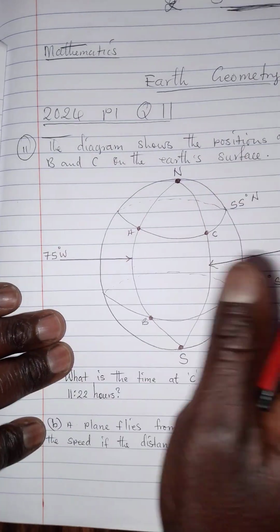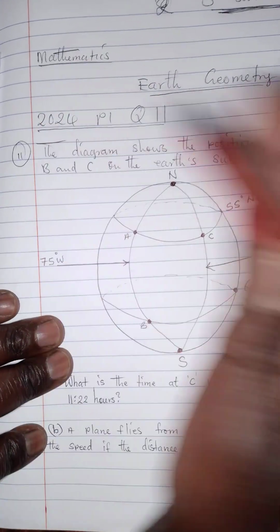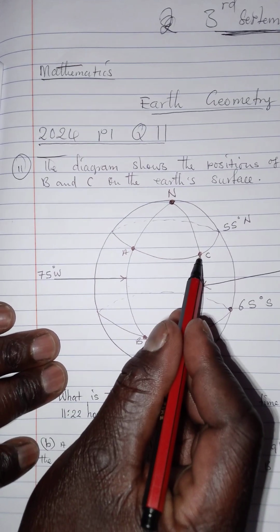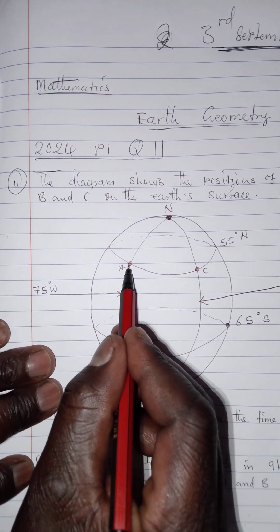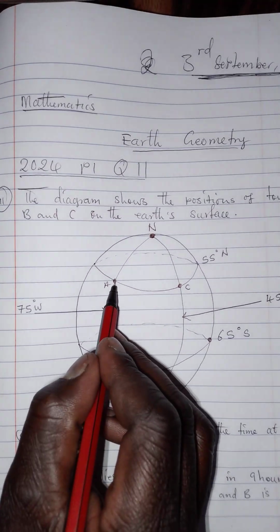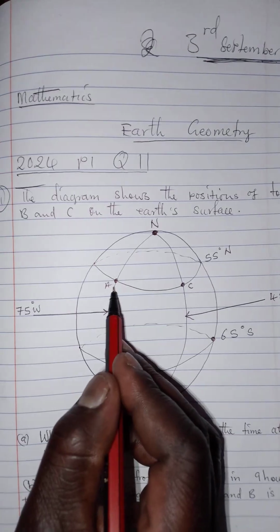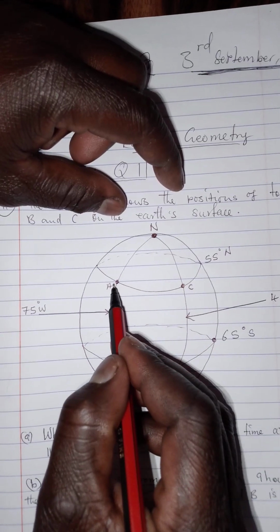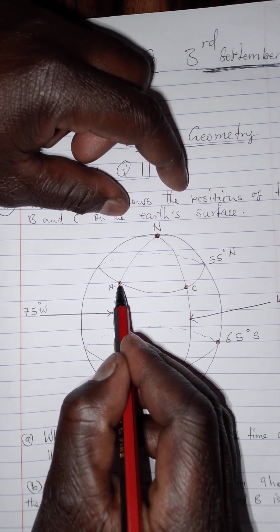When we are going eastward, we need to increase, which means westward we are subtracting, eastward we are adding. When you are at point A, if you want to go to point C, you need to add. When you are at point C, and you want to go to point A, you are subtracting. So since C is at east of A, we need to move from here to there.